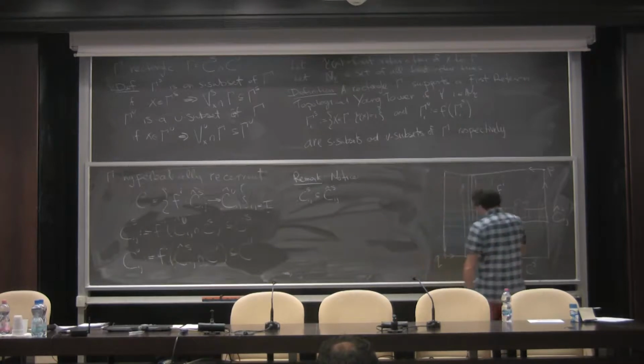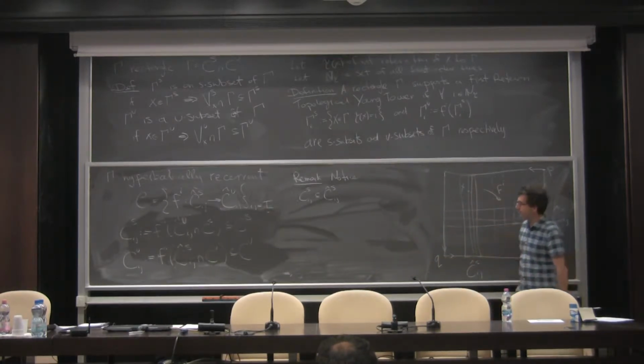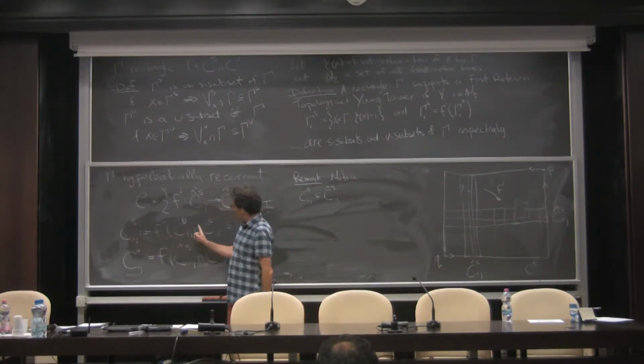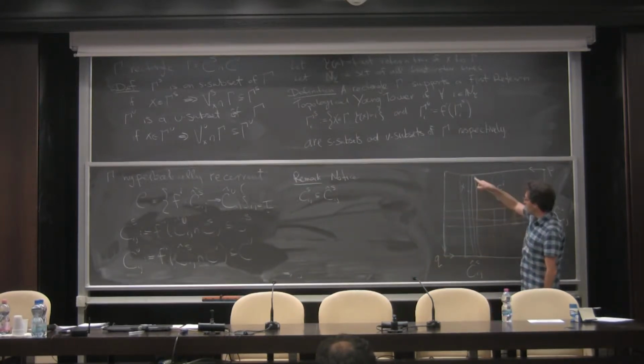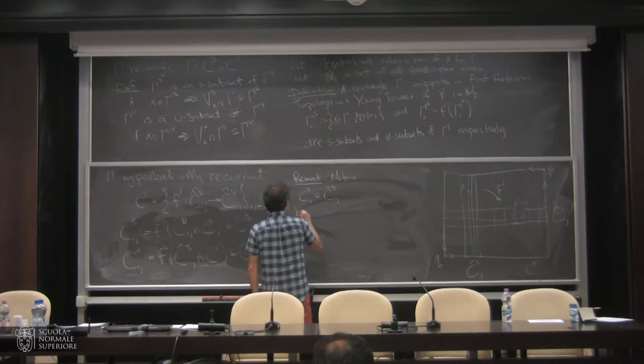So C hat S i j is the domain, the whole strip. C S i j is the pullback of these strips. So C S i j is a union of stable leaves inside this domain.